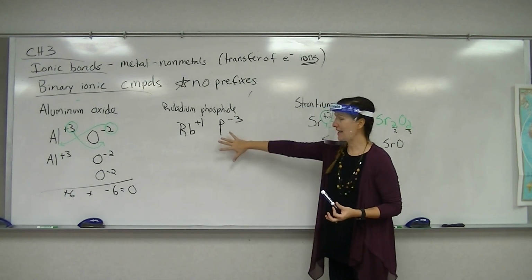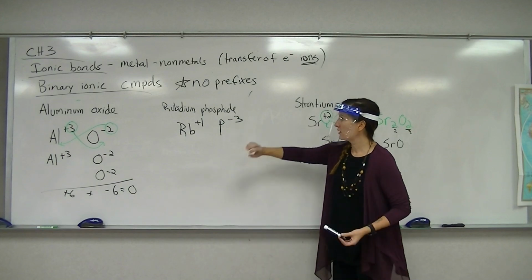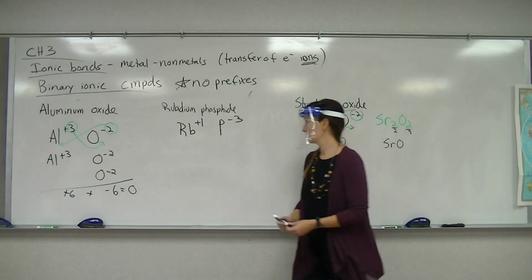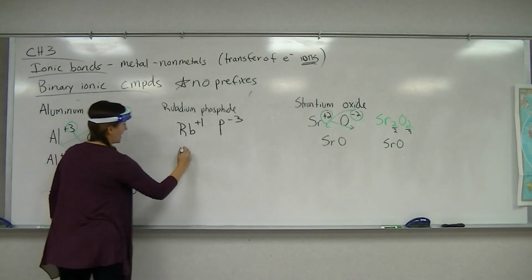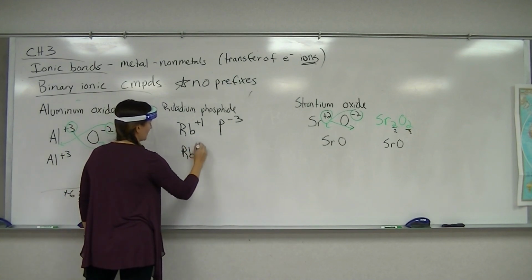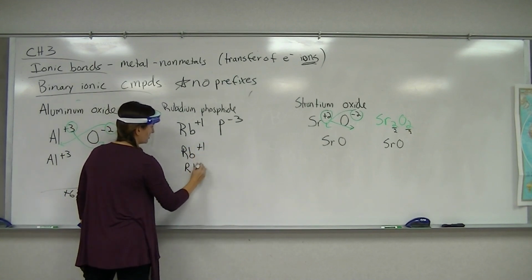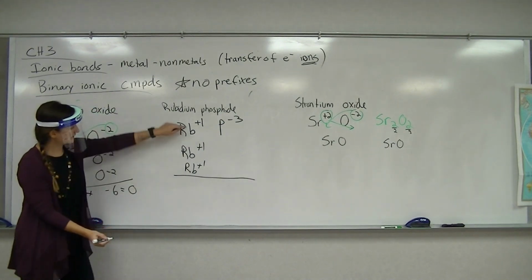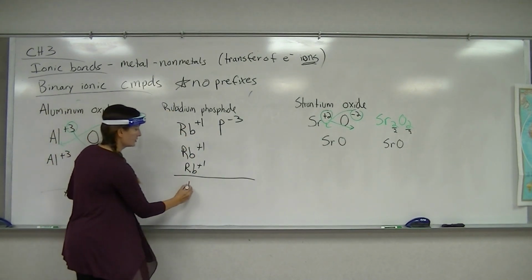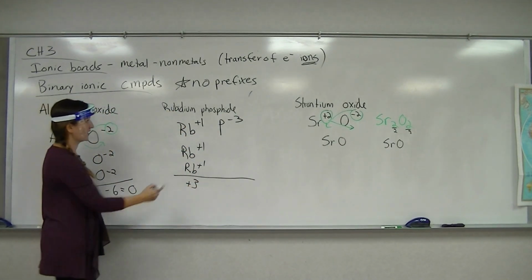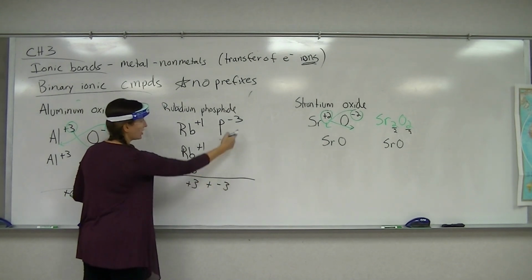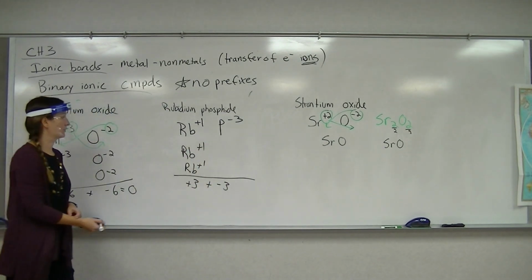So it's not neutral how it is. Do I need more of the cation or more of the anion? Cation. I actually need 2 more. So I need a total of a +3 charge on the cation side to cancel out the -3 charge of that phosphorus.